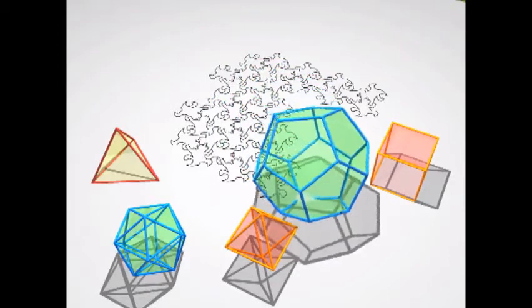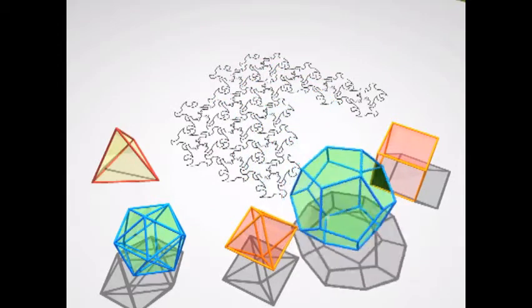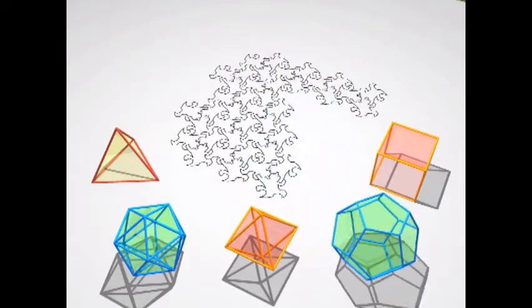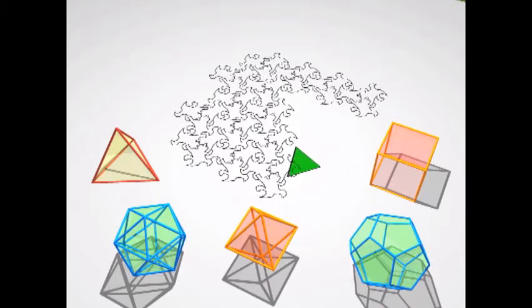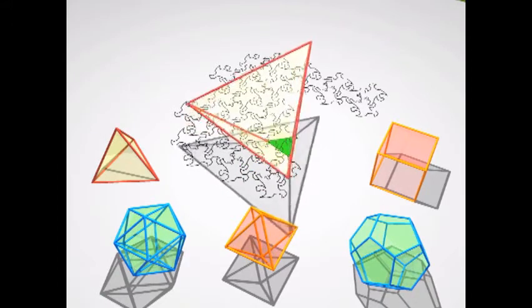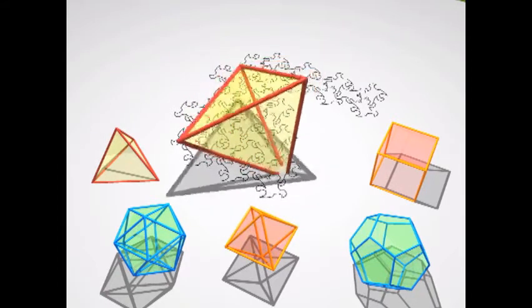Now we're going to show you some cross sections, and only cross sections, and you have to guess the polyhedron hiding behind them. That was a tetrahedron.